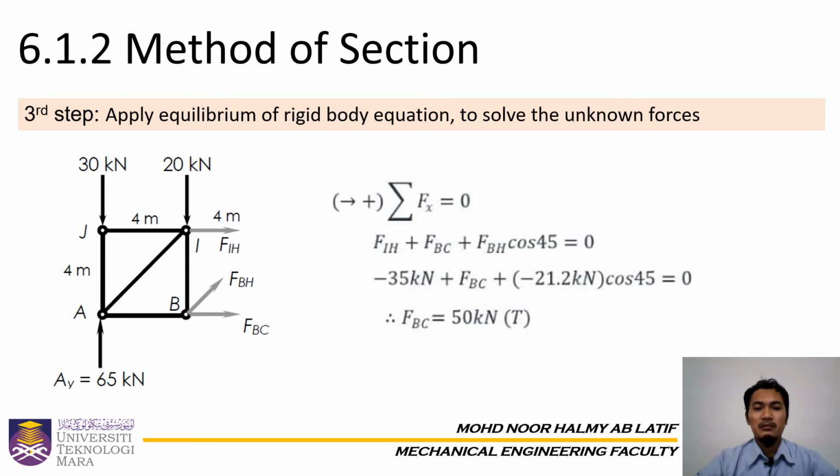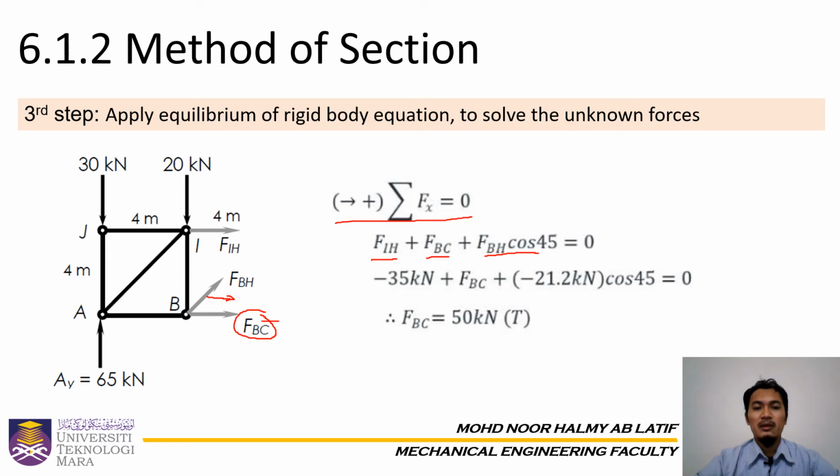Next, we try to find force in FBC. So by using summation of force in X direction, since FBC only moving in X direction, we're going to get FIH plus FBC plus FBH cos 45, which is in X direction.